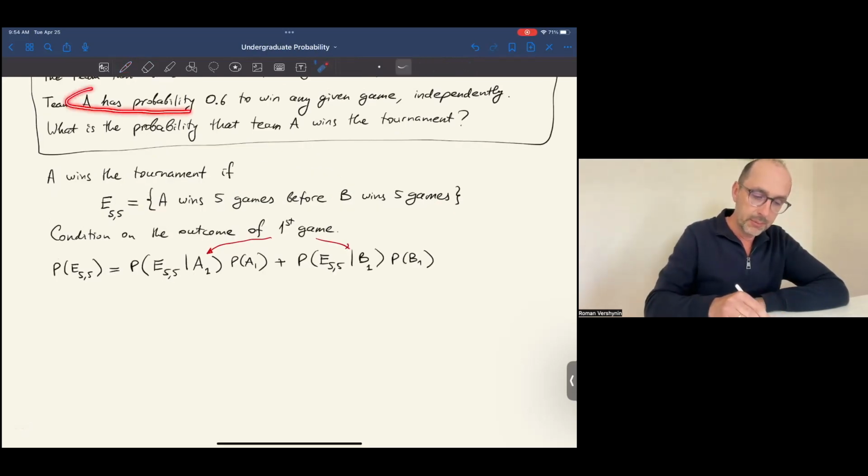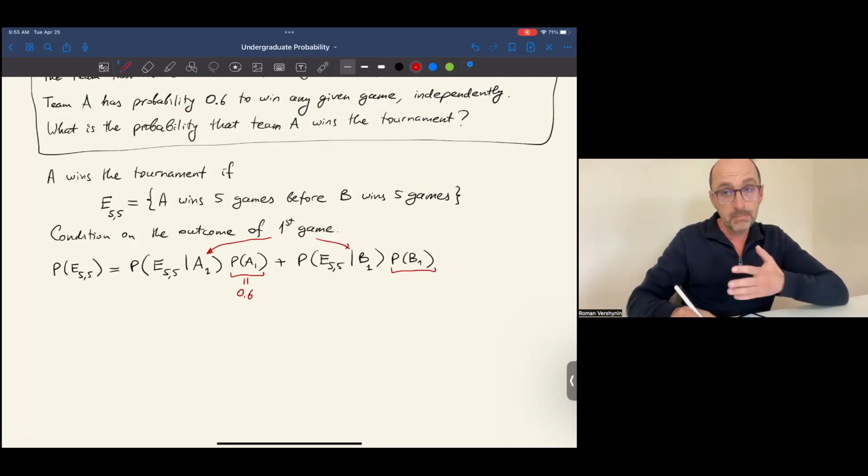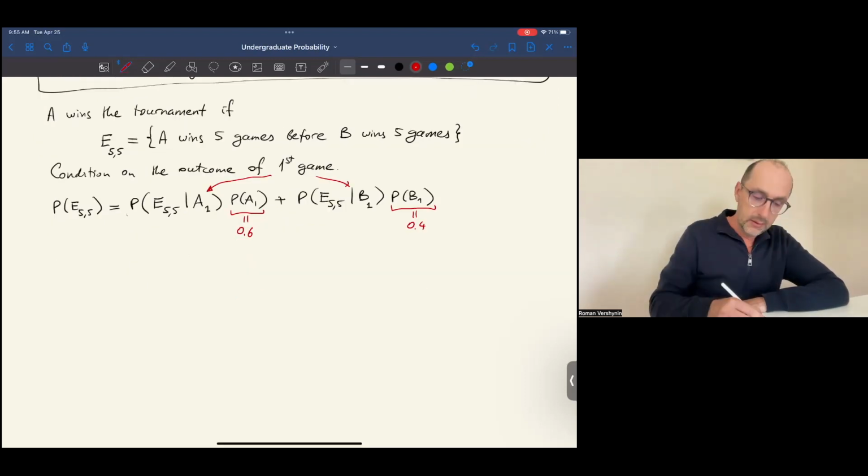Since A has probability 0.6 to win any given game, the probability that A wins the first game is 0.6, and the probability that B wins that game is the complement of it, 0.4. Next, let's compute this term.